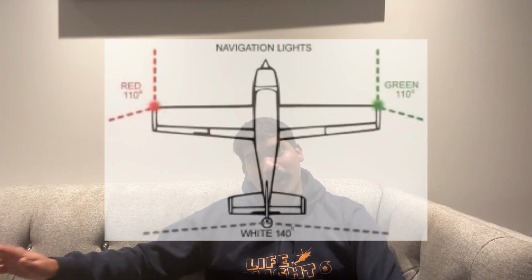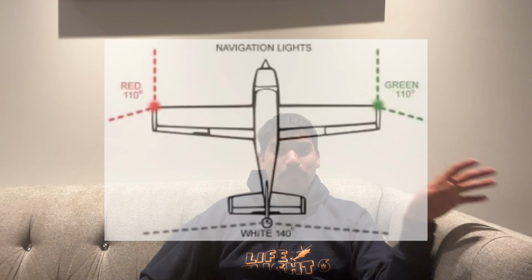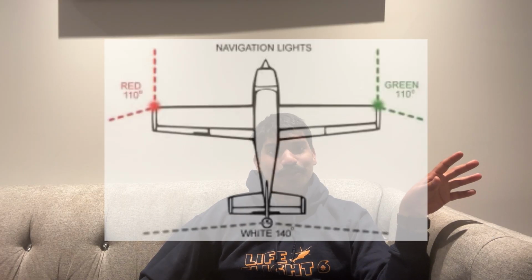So starboard, which means right side, is always green, and port, which is left side, is always red. Sometimes when you are right behind that aircraft, you'll not be able to see any of these lights. So that's what they're saying: you're unable to see either of the aircraft's left or right navigation light. So you're right behind it within the 70-degree plane.